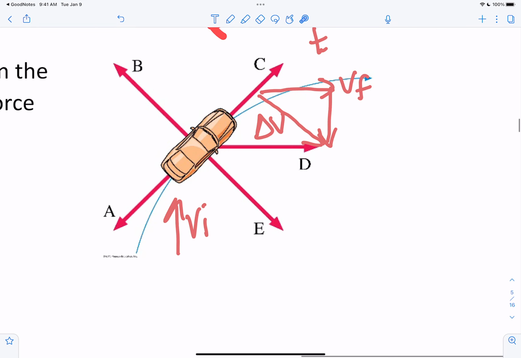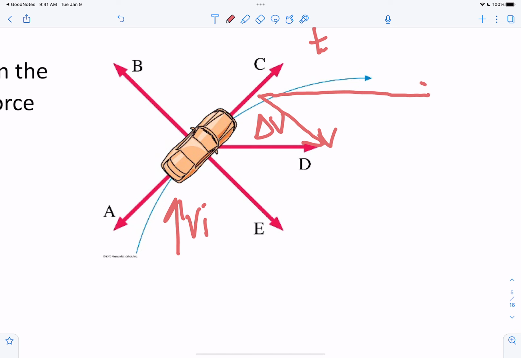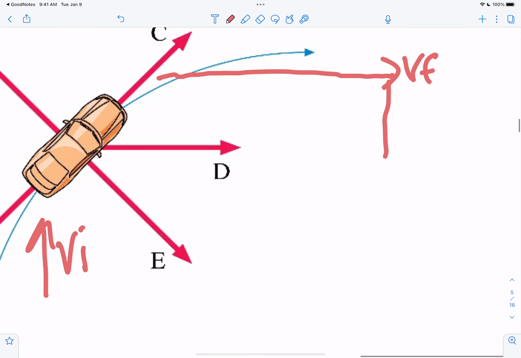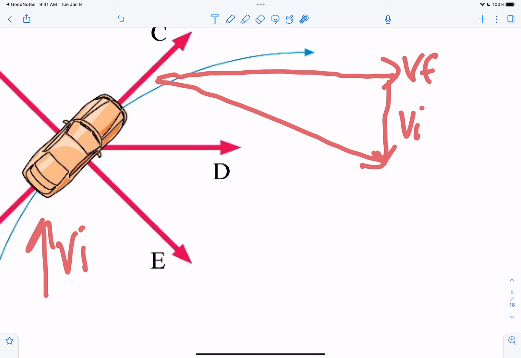So in that case, if I, for example, were to speed up, if my final velocity was a lot larger, say I went from a Vi of 10 meters per second to 60 meters per second, then Vi might be a lot smaller. And so in that case, you can see that it's not exactly radially inward.